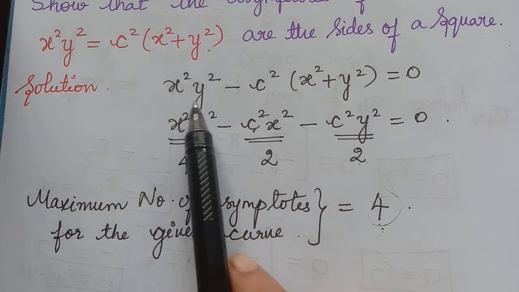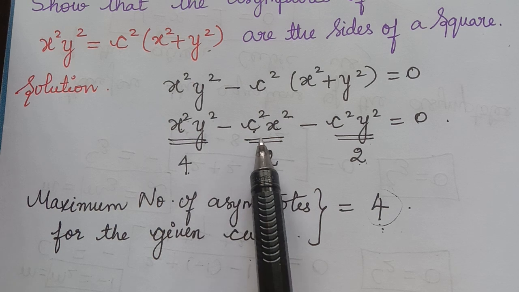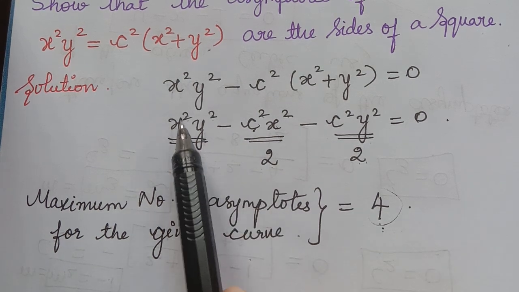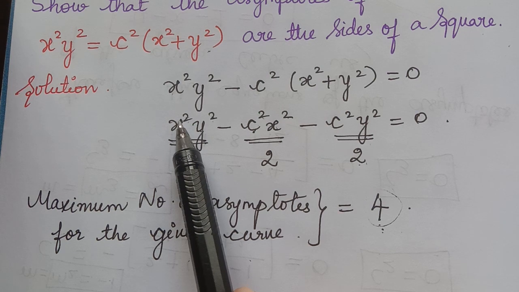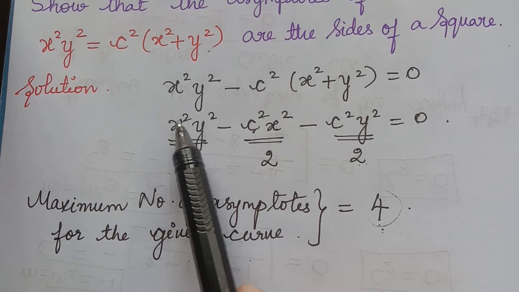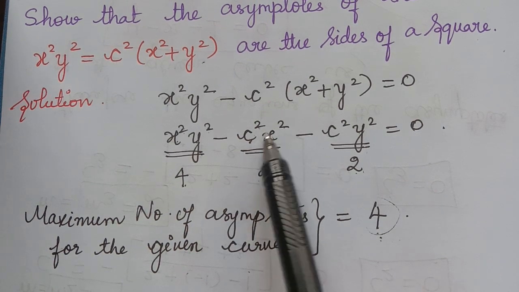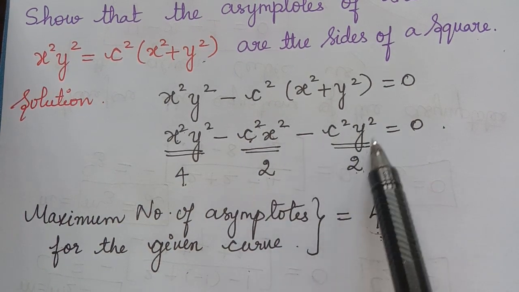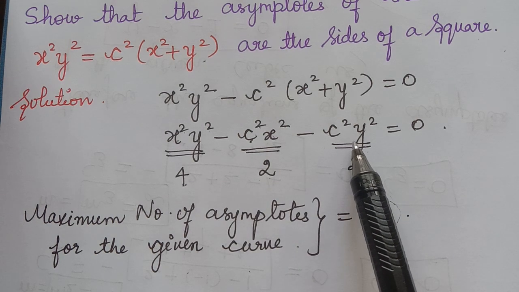Now if you check here, we do not have a term with x power 4 because the highest degree for x here is 2 only. When we check for x alone, the highest degree for x is 2. Here also the highest degree for x is 2. And we do not have an x term here. So therefore, we do not have a coefficient for x power 4.